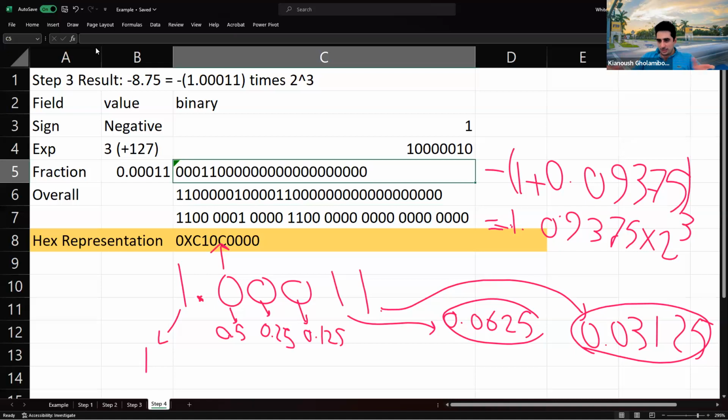If you simplify this, you're going to get to the same number, negative 8.75. So the number that we get was negative 1.09375 times 2 cubed, which is just simplified using a calculator. It's going to be negative 8.75.